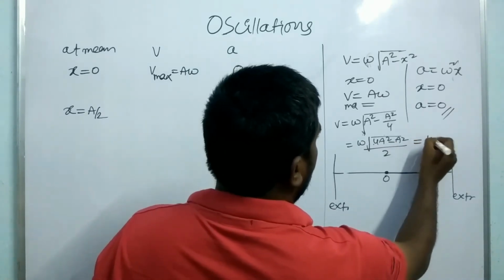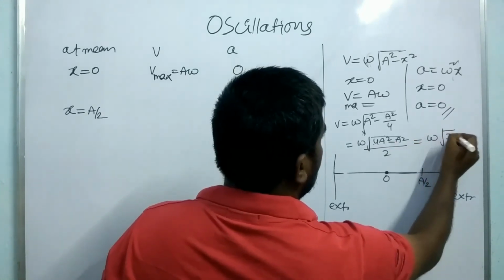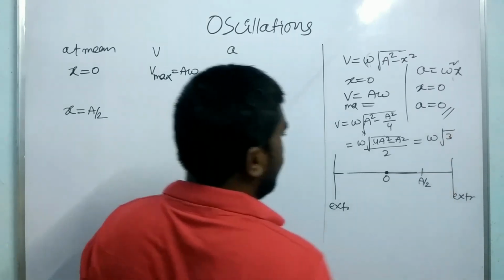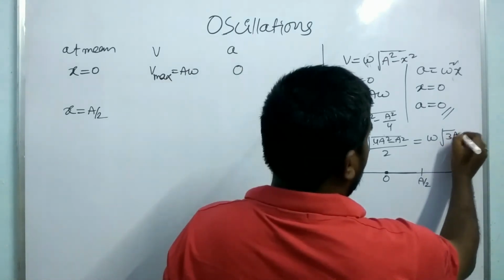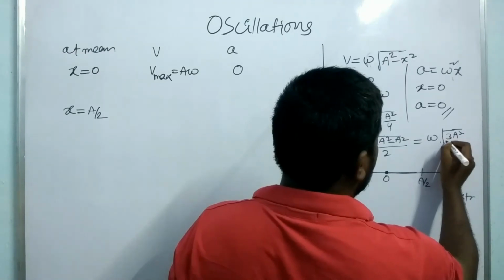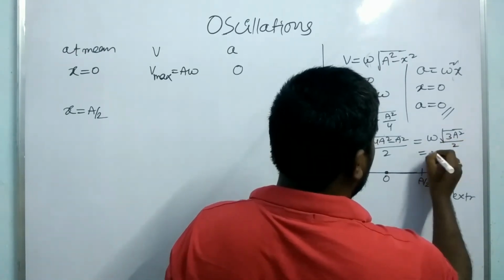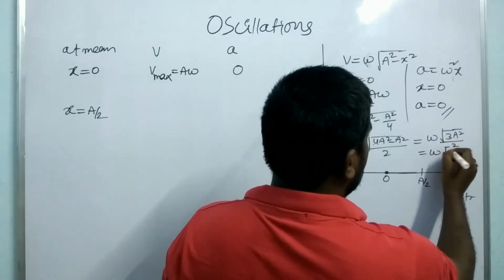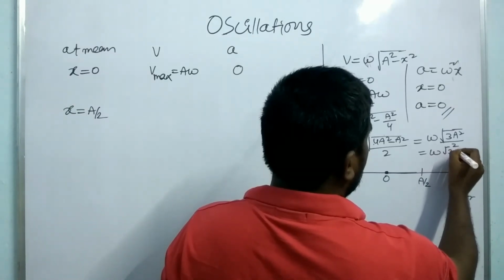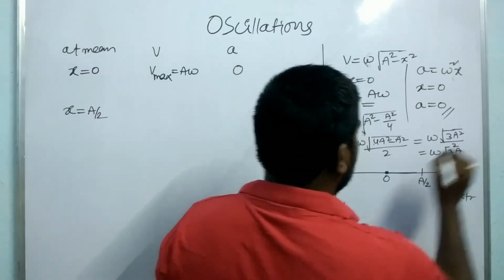Under root 4 is equal to 2. It is equal to omega into root 3A by 2.